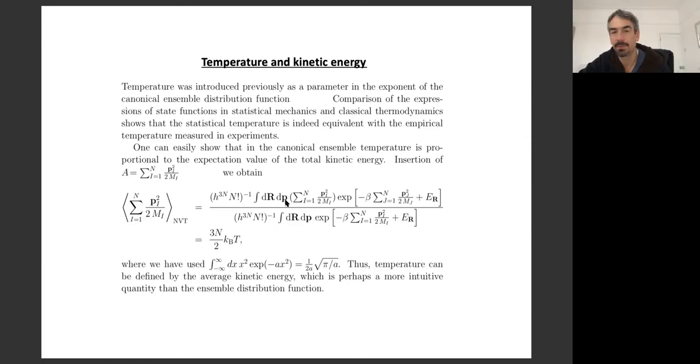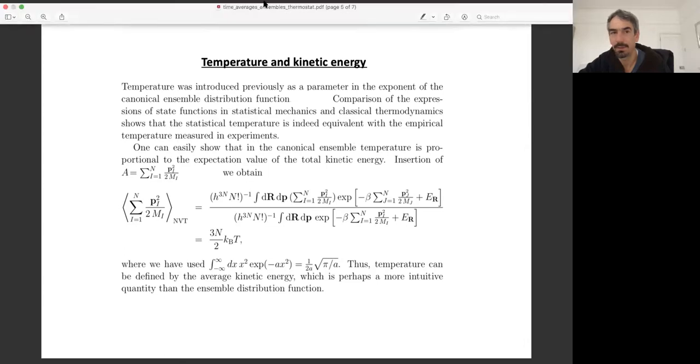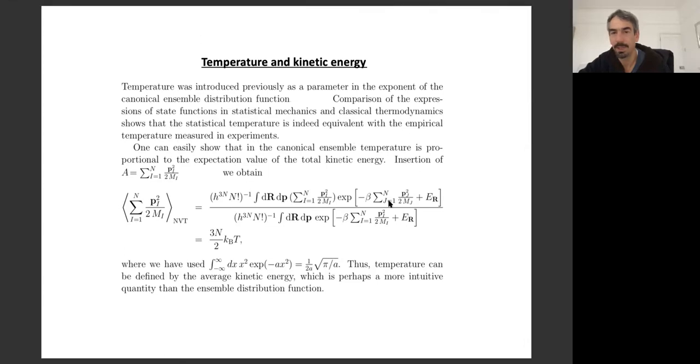So that's a bit more difficult. You have a p square, and that's a Gaussian integral, right? Something like e to the minus beta x square.